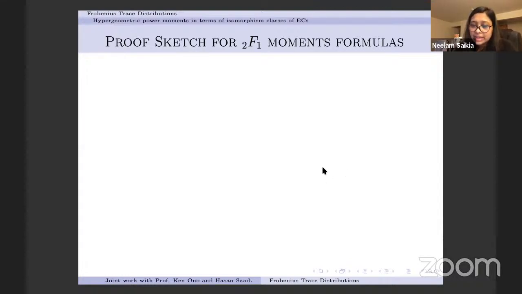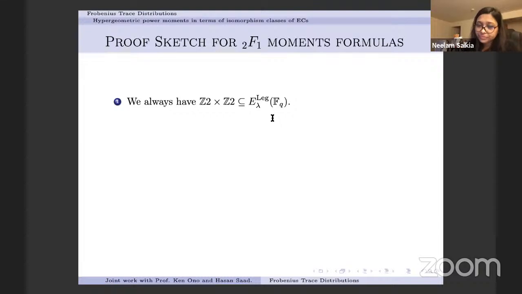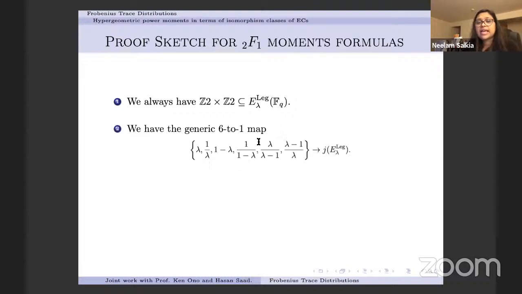All right. So now we'll give a quick sketch of the proofs of 2F1 moments. So basically, we have to use certain facts. It is always true that the group Z/2 cross Z/2 is contained in the group of rational points of the Legendre form of elliptic curves over this finite field F_q. And we always have a 6-to-1 map, which maps these six values of lambda to the same j-invariant.